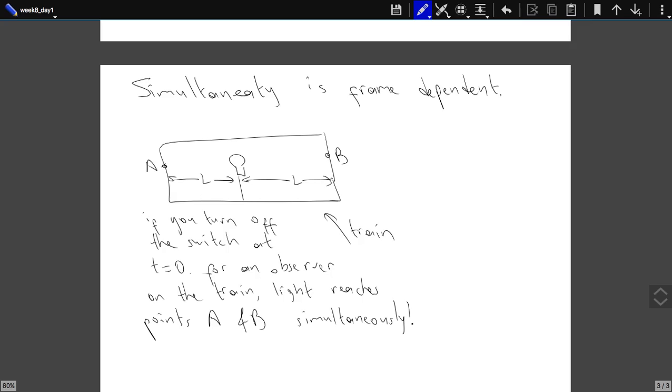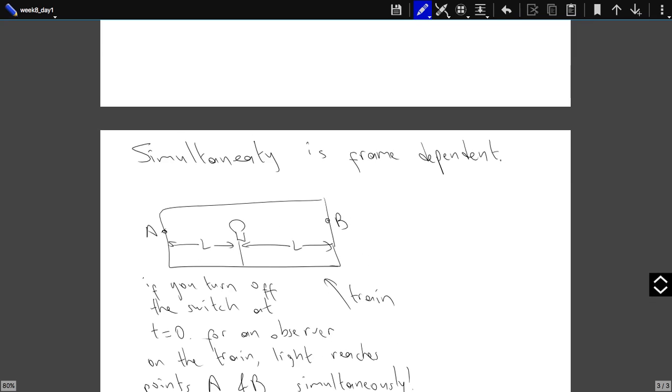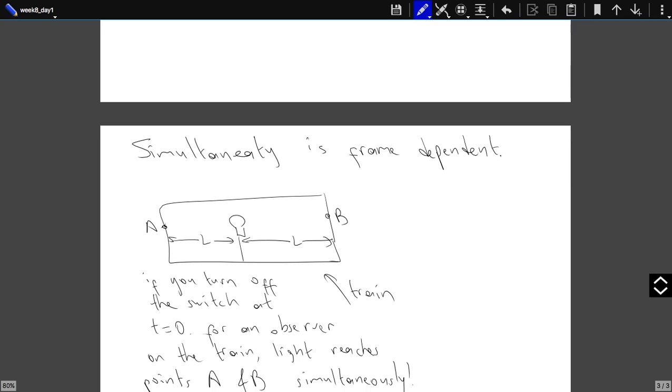Well, of course, it's not so trivial to say whether light reaches simultaneously or not. You see, you also need to make an observation. So one thing you can devise is to put some electronic devices over there that will signal the arrival of light.